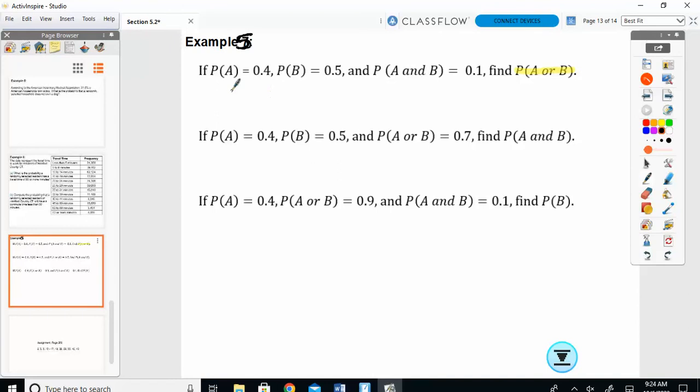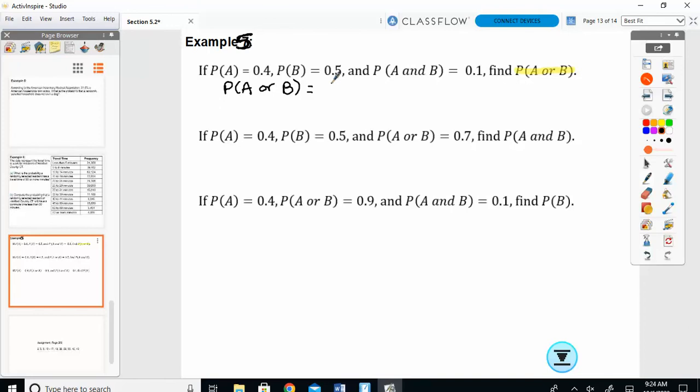So we need the probability of A or B. I gave you 2 formulas for that. Are these mutually exclusive? Why not? It can be both. If they're mutually exclusive, the probability of A and B has to be 0. It's not. So they are not mutually exclusive.